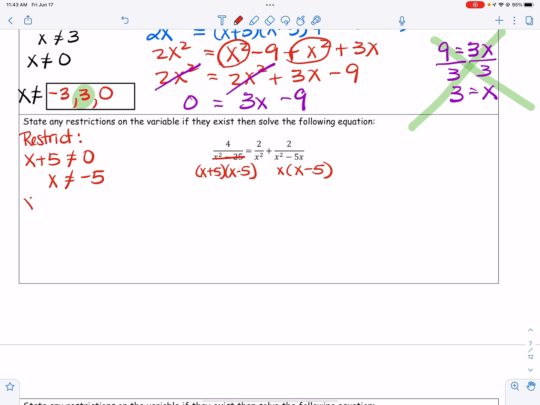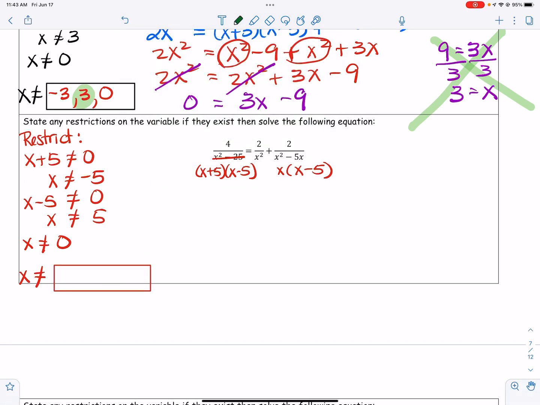If I have x minus 5 cannot equal 0, that says x cannot be 5. And then, of course, x can also not be 0. So my restrictions, if I list them in my box, are going to look like this. Negative 5, 0, and 5 in any order, okay?